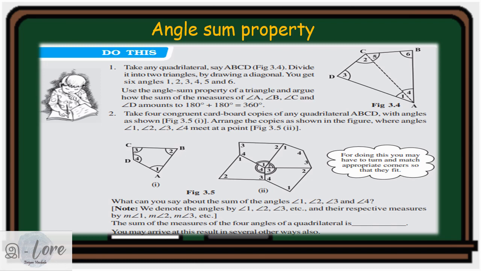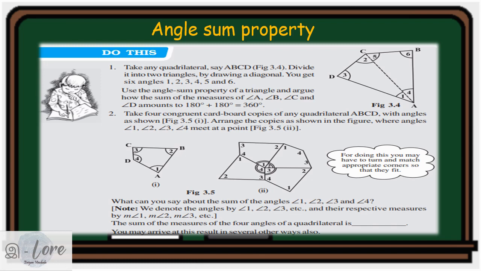You can represent these numbers of angles anywhere as is convenient, it's not necessary to represent them the same way. Use the angle sum property of a triangle and argue how the sum of the measures of angle A, angle B, angle C and angle D amounts to 180 plus 180 is equal to 360. Any guess?